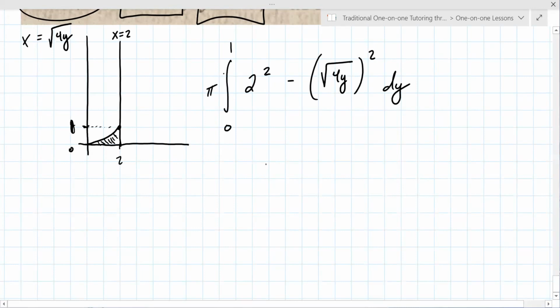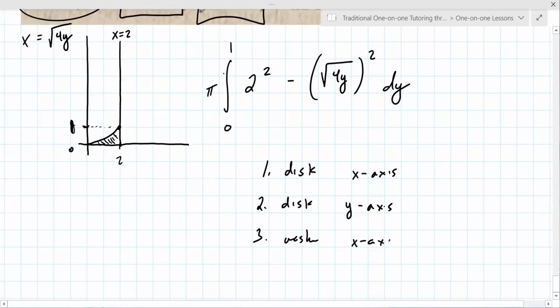Okay. So there's kind of this progression, which I'll leave you with. There's disk, x-axis, which is probably the easiest. Disk, y-axis. Washer, x-axis. And then washer, y-axis. But they could give you some where for the x-axis ones you have to solve them in terms of y too.